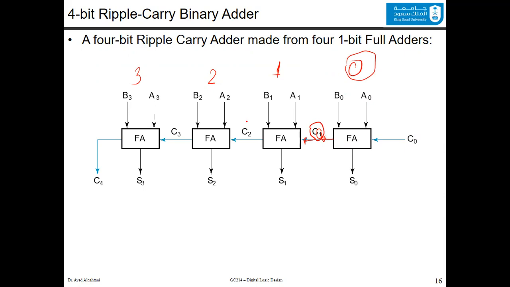So the end result of a 4-bit ripple carry binary adder is a 4-bit sum, sum 0, sum 1, sum 2, and sum 3, and a carry output, which is C4.